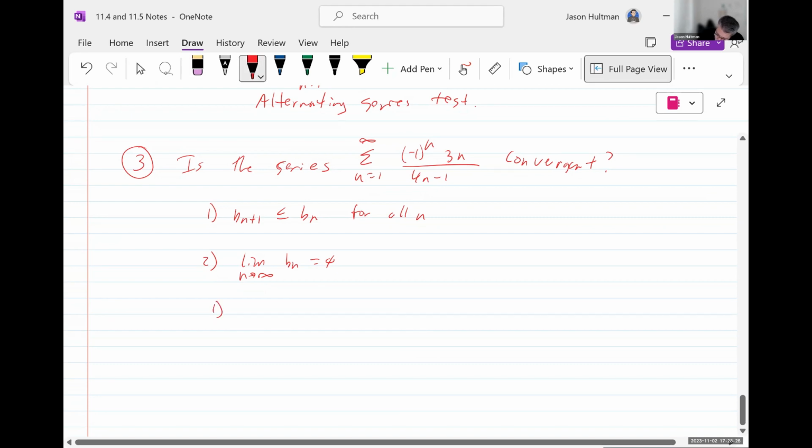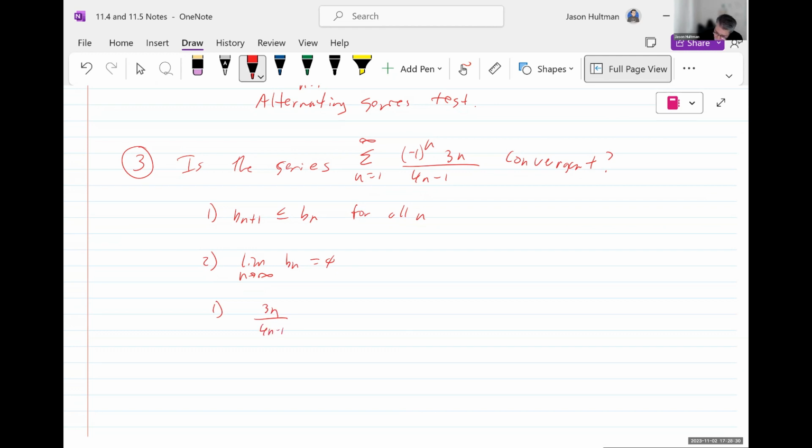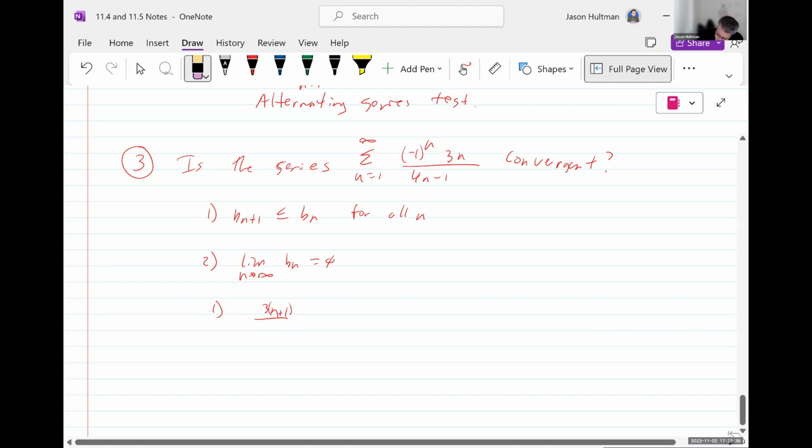For one, if I take 3n over 4n minus 1, and I do n plus 1, that's going to be 3 times n plus 1, over 4 times n plus 1, minus 1. I want to know if that's less than or equal to 3n over 4n minus 1.